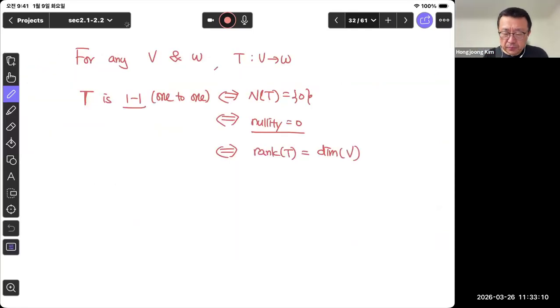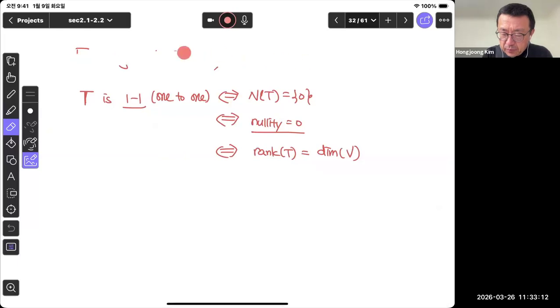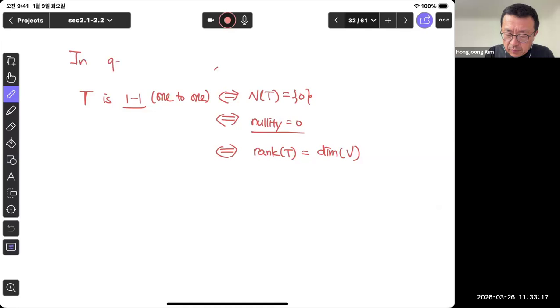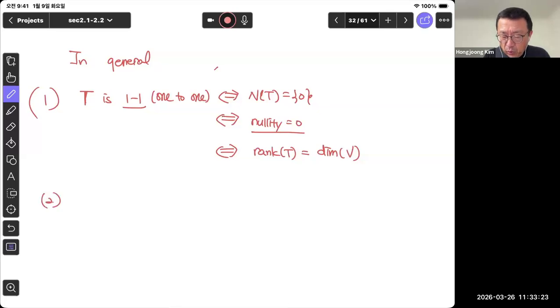So in general, we have this. But in general, a one-to-one mapping may not imply onto, or onto may not imply one-to-one.